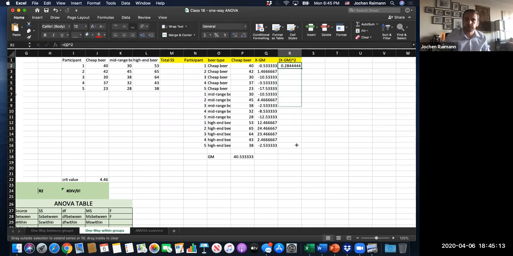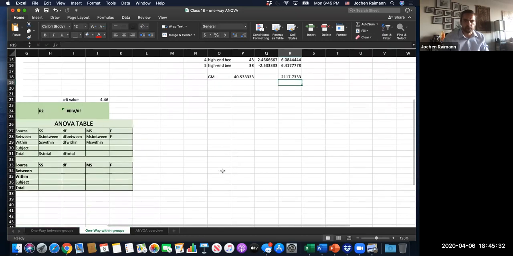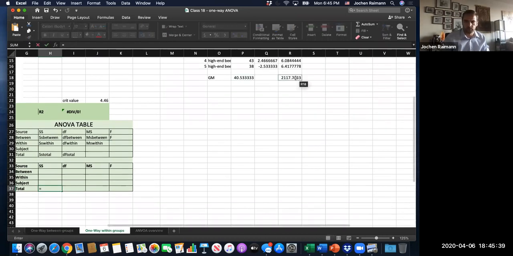So these squared deviations will then allow us to get our first sum of squares. So we're summing all the squares, and we get now that value, which comes into our total. This is our total sum of squares.